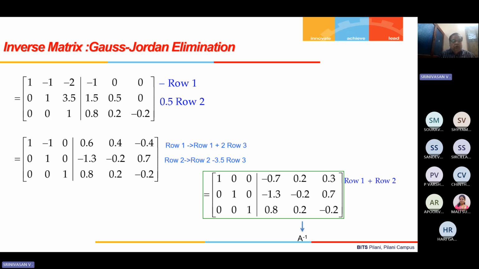Right. Now row 1 is now row 1 plus 2 times row 3.